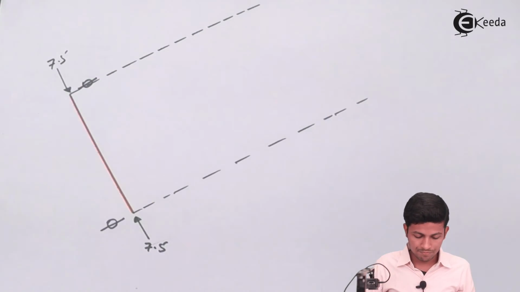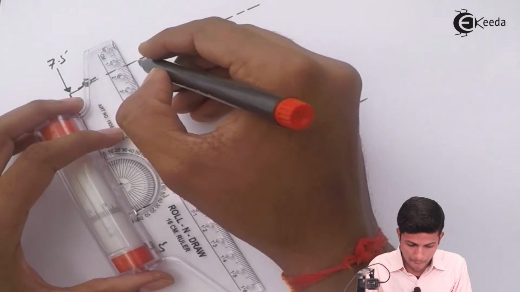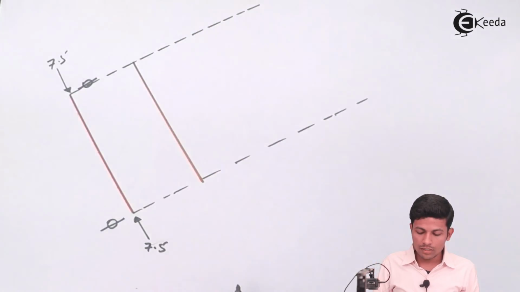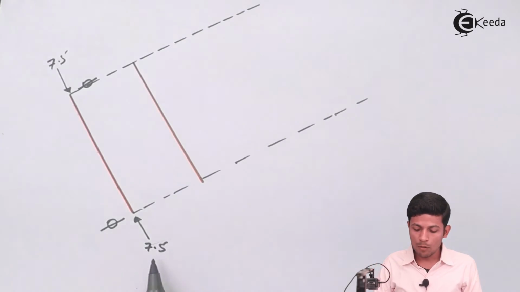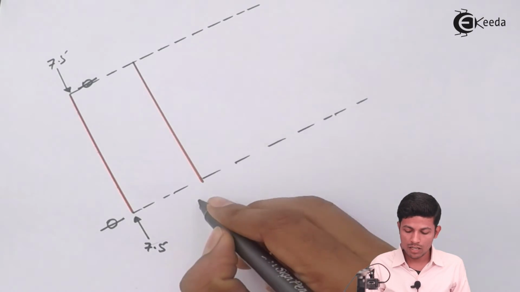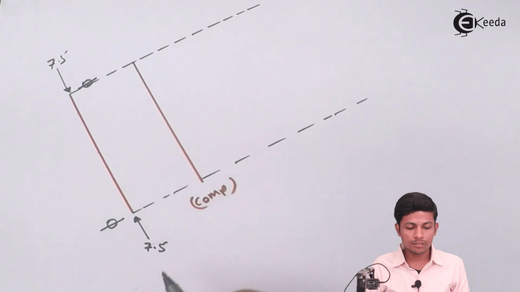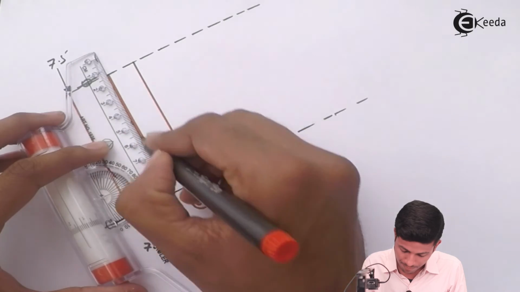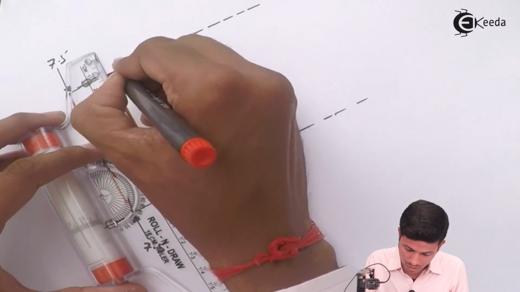Now see, the first part is AFD. This is compression. Compression means minus. We are drawing minus inside the frame, so it will come over here.